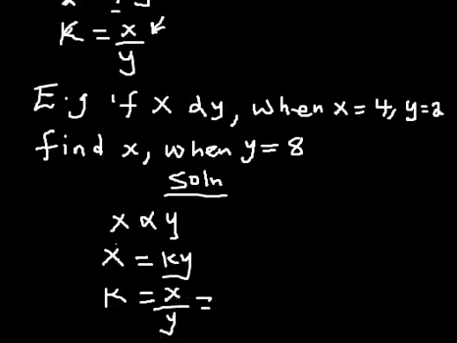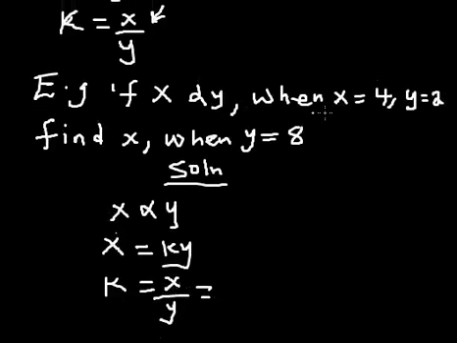That's the relationship. So the very first thing now is to go to the values that were given: when x is equal to 4, I put x is equal to 4, divided by y is equal to 2. I need to get the value of the constant, because you need to get the value of your constant before you now solve the question.